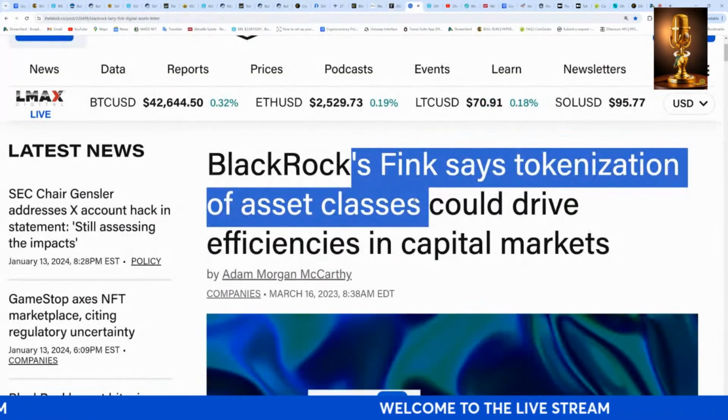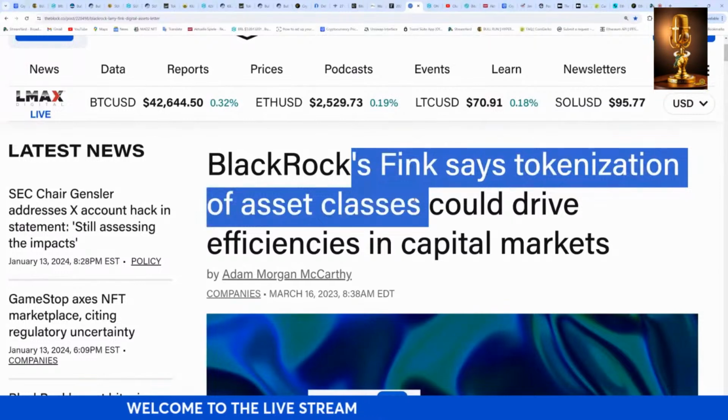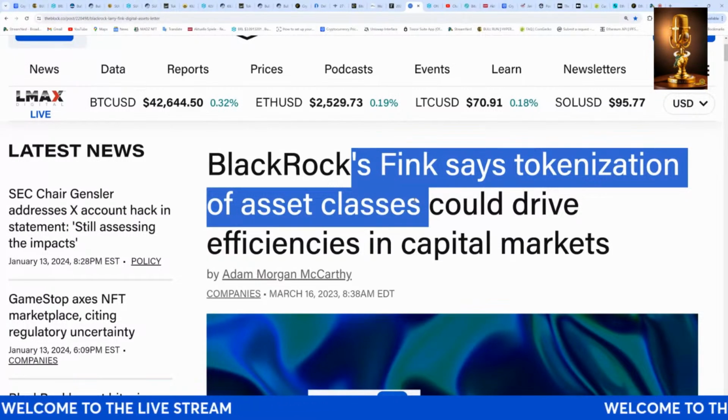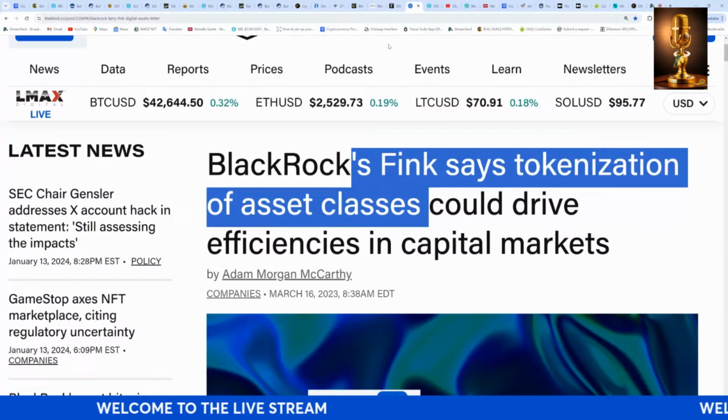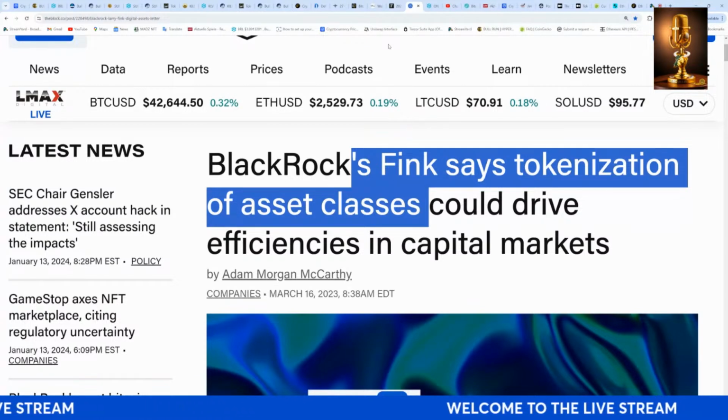And also with Larry Fink now wanting to tokenize everything, and the next ETF is now the ETH ETF. So we have a lot of catalysts that are still ahead of us. We still have a lot of volume, a lot of liquidity that we're anticipating is about to come. 2024 will be the kickoff of the bull run, and we are prepared.